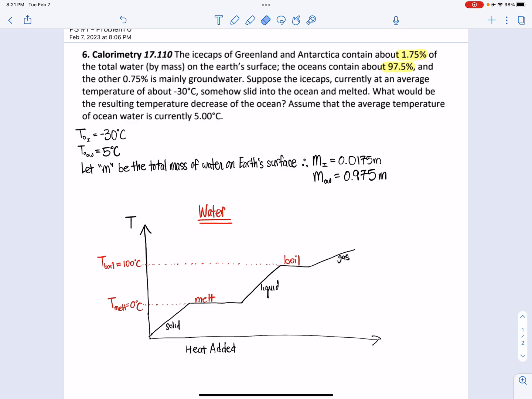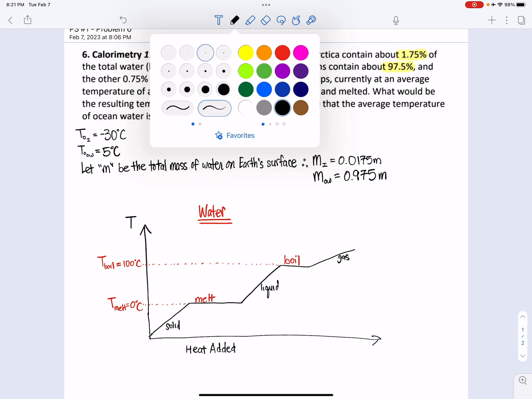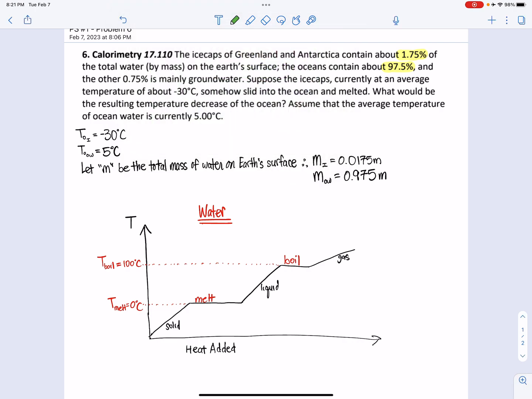So let's write that down in a different color. Let's use green. Let's say this is T initial, the temperature of the ice cap, and that is negative 30 degrees Celsius right here.